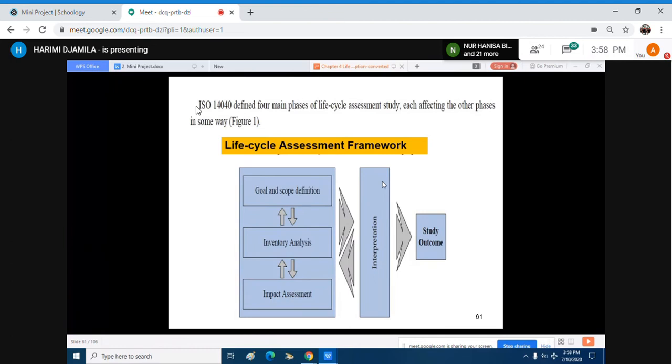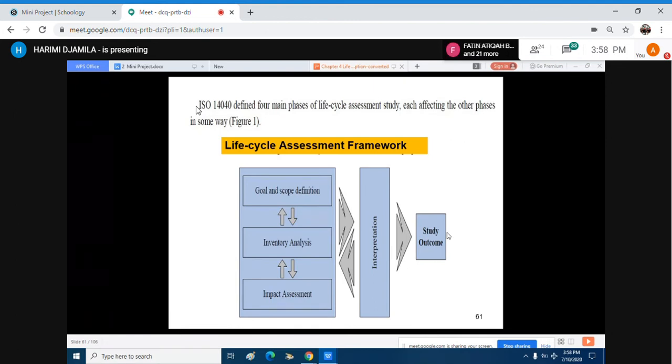All right. So here you observe in the life cycle assessment framework according to ISO 14040, it has to have the following. You first will start by goal and scope definition. We will go one by one. And then inventory analysis, impact assessment, interpretation, study outcome. We will start by goal and scope.